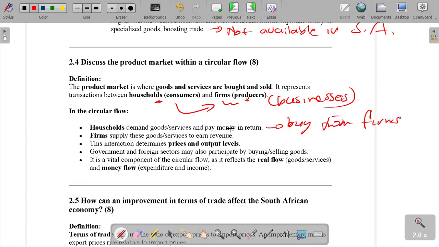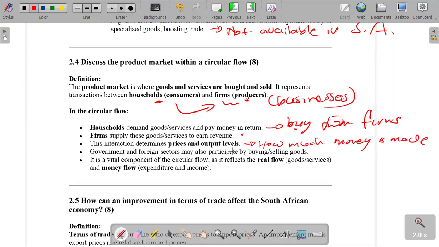Number two, firms supply these goods and services to earn revenue. Remember, when they buy, they pay the firms. This interaction determines the prices and output levels. How much money is being made by the firms?